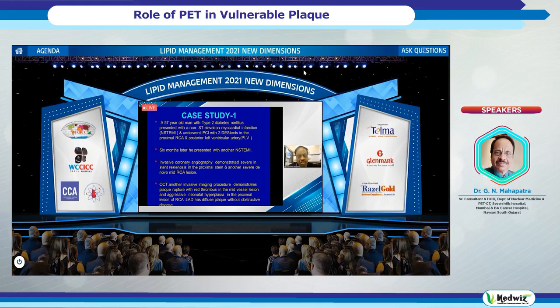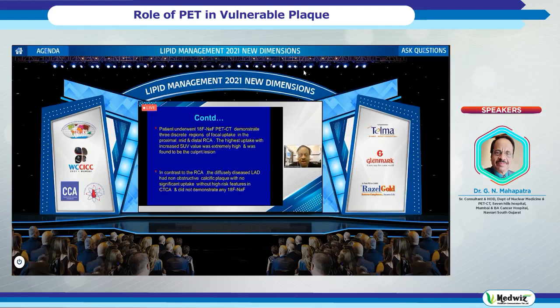OCT, another invasive imaging procedure, demonstrates plaque rupture with red thrombus in the mid vessel. Following that, the patient underwent a sodium fluoride PET-CT, which demonstrated 3 discrete lesions of focal uptake of sodium fluoride in the proximal, mid, and distal RCA. The highest uptake, with an extremely high standardized uptake value, was found to be the culprit lesion.